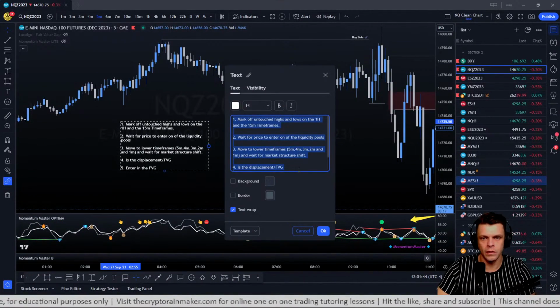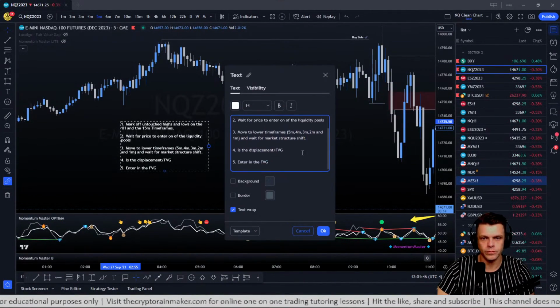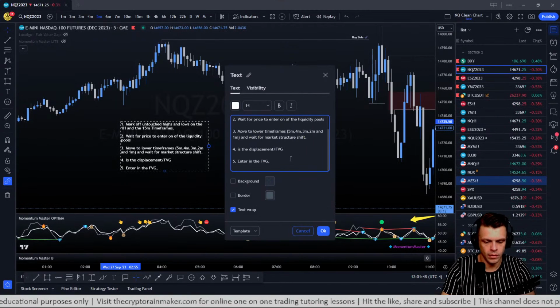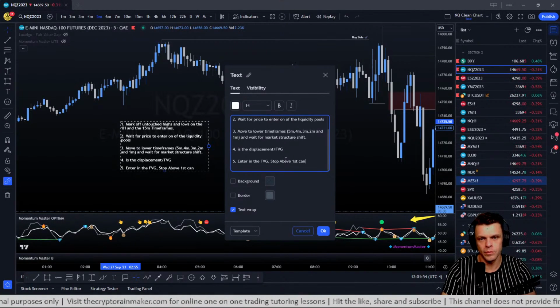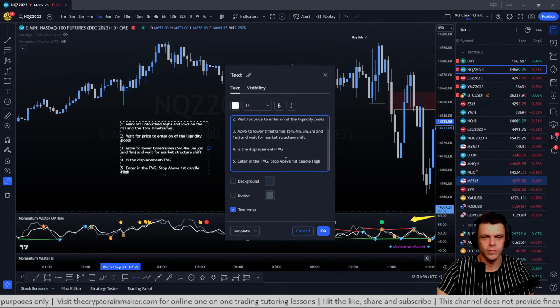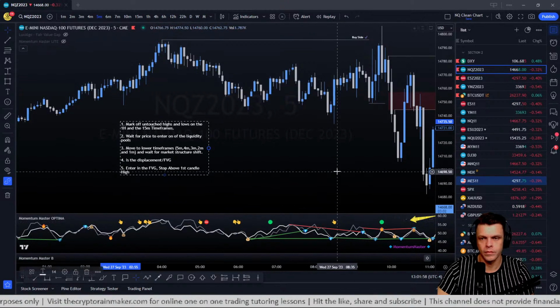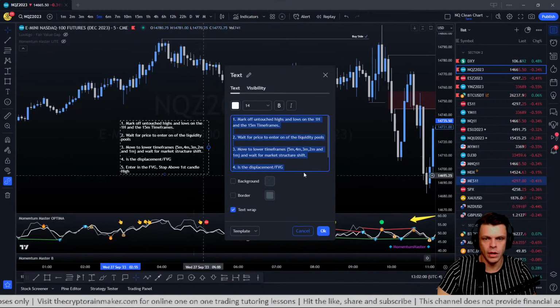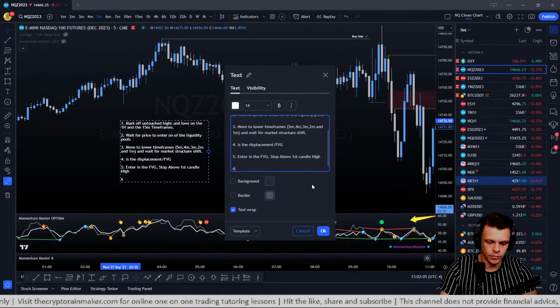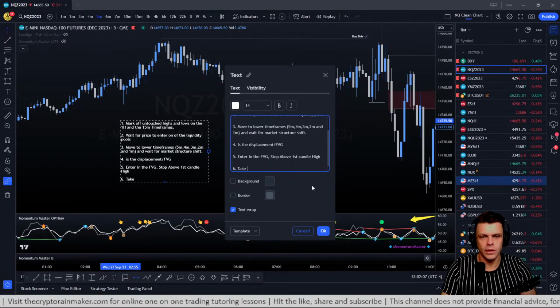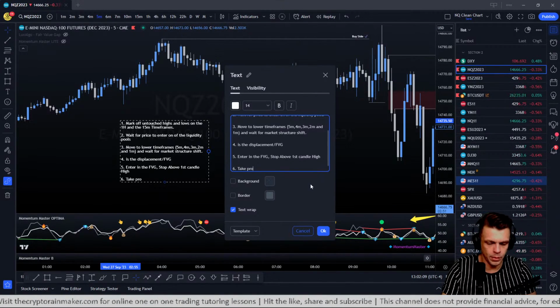Okay, so enter in the fair value gap, stop above first candle high. Okay, so now you've entered, and take profit is at the opposing liquidity pool.